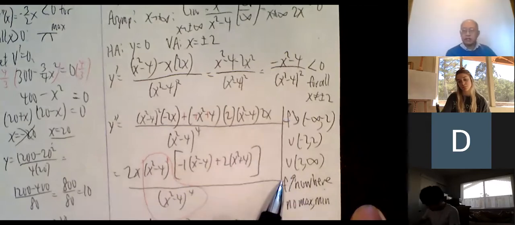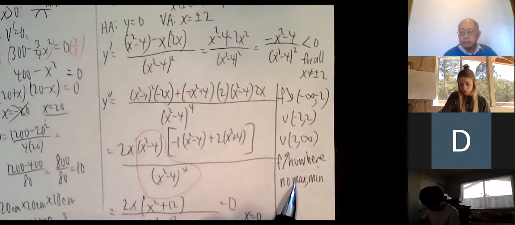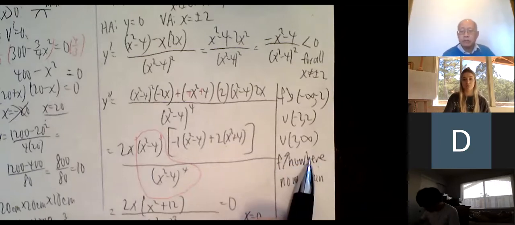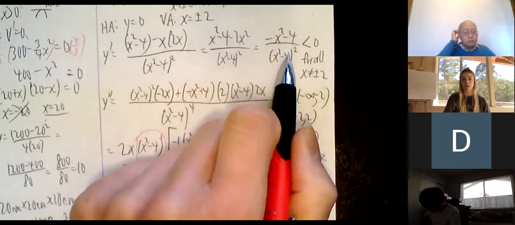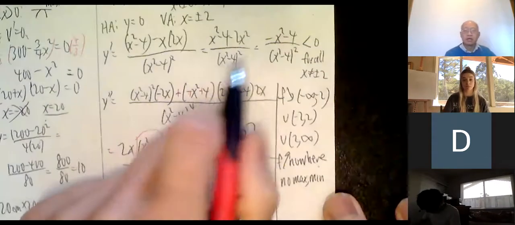That means f is increasing nowhere, and therefore we have no max or min. How can we have no max or min? If we have a max or min, what would the slope have to be? 0. But we already found out this derivative can never be 0. Okay, so we're done with the first derivative. That's nice. And now I just have to worry about the second derivative, which is not very nice.